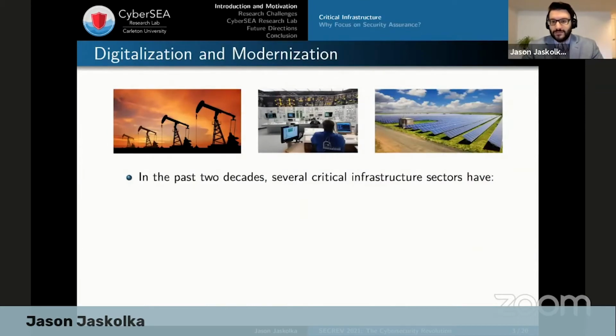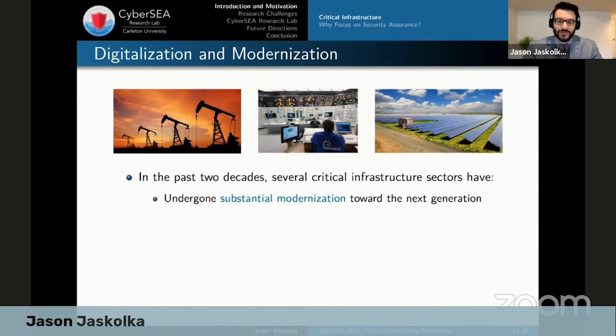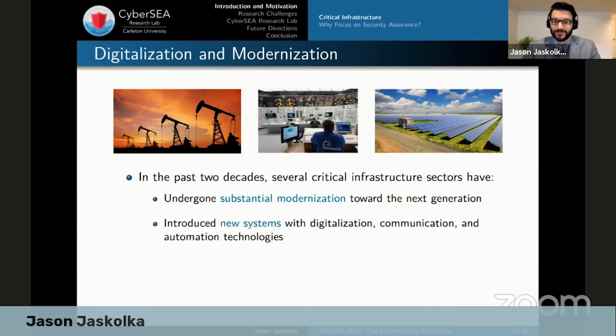When we consider these critical infrastructure sectors, over the past 2 decades or so, a number of these sectors have undergone a substantial modernization towards the next generation. We're starting to see much more modernization and digitalization of these systems.